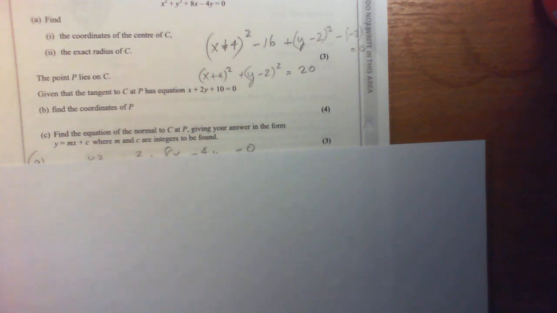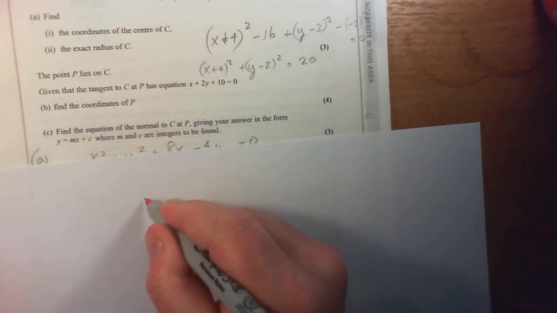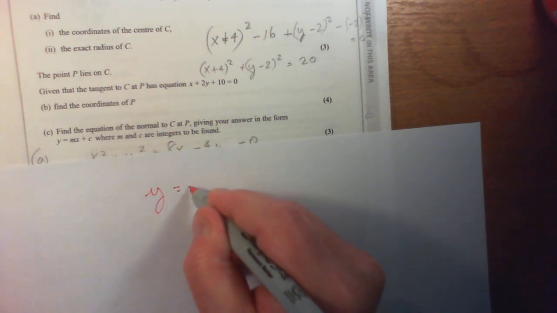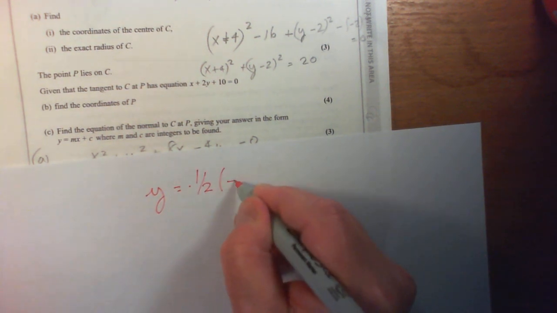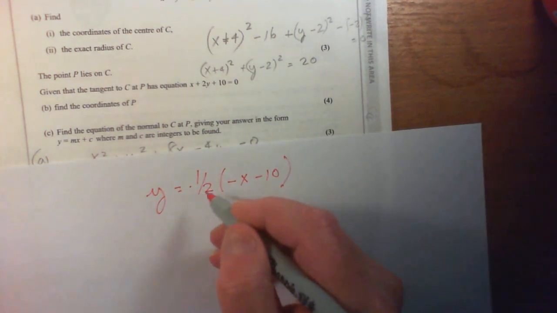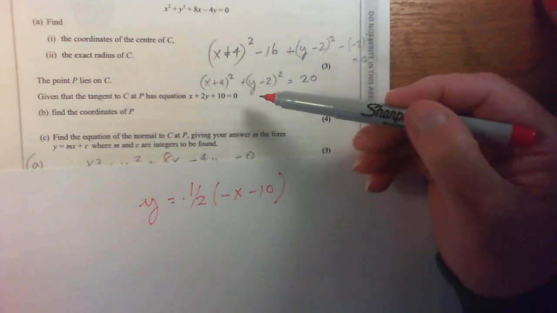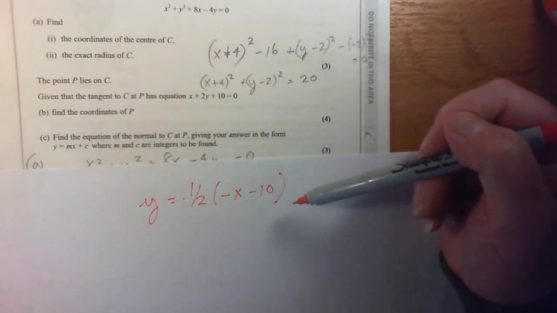you're given the tangent, and the gradient will be half. That's rejigging what you're given up at the top there. You're given the tangent as that, so that's rejigging that.